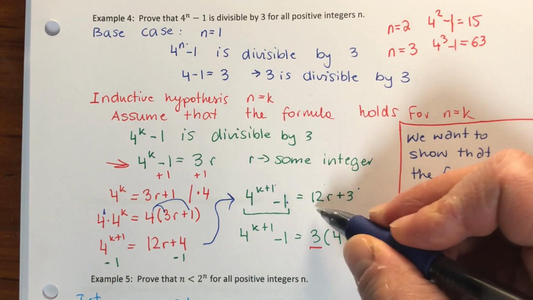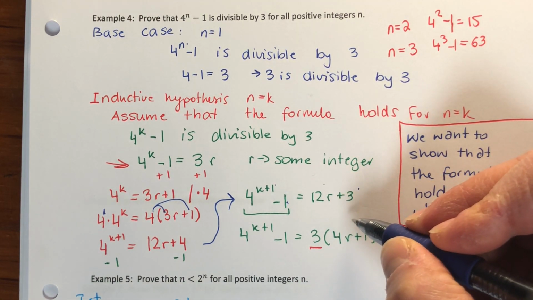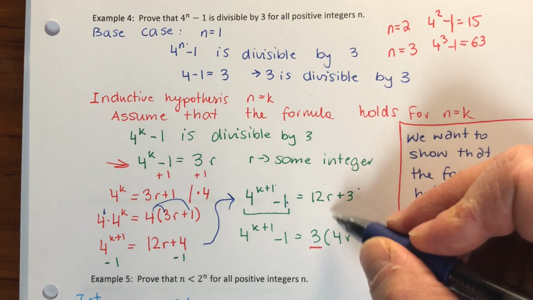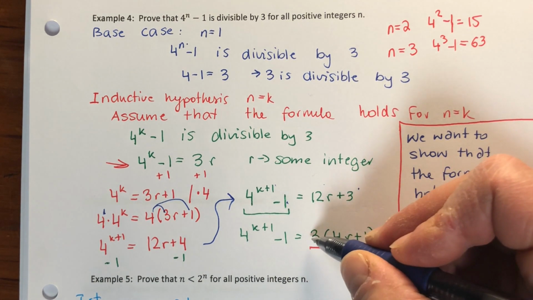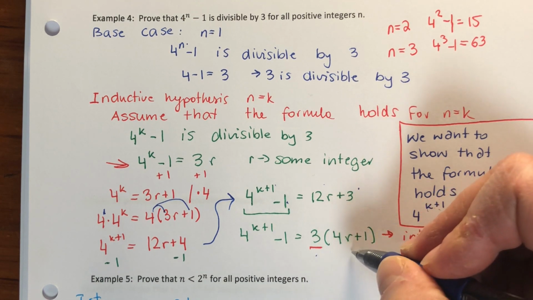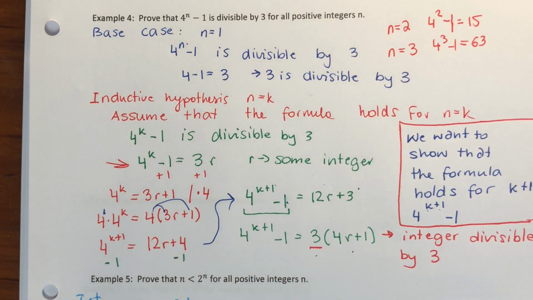So as long as you can factor 3 out of those two terms, you are good. And I can. Both 12 and 3 are divisible by 3. Once you factor 3 out, you have 3 times something. Think about this. If you are able to multiply the number by 3, that means that it is divisible by 3. So here we go. An integer is divisible by 3.